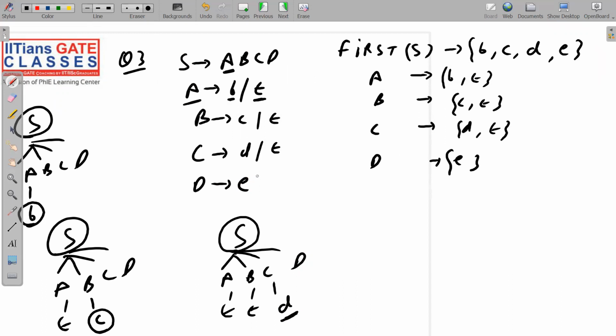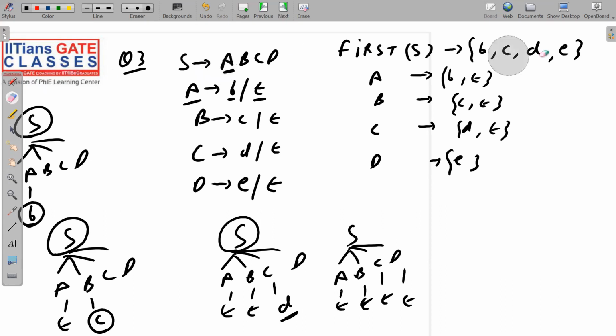Now the main thing will come. When we say here null, then what will be your answer? Now I will say, see here carefully, S goes to A, B, C, D. This A can go to null, this B can go to null, C can go to null, D can also go to null. So now we can have null also. So first of S now will contain null. Okay, that is the basic meaning of indirectly, which I was saying a few minutes back.